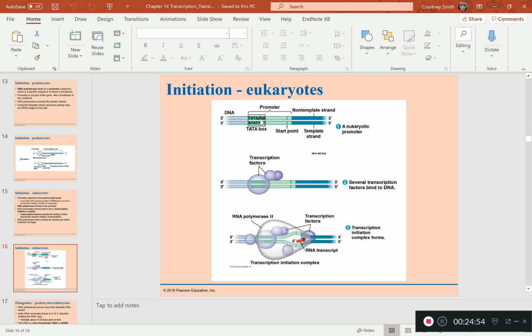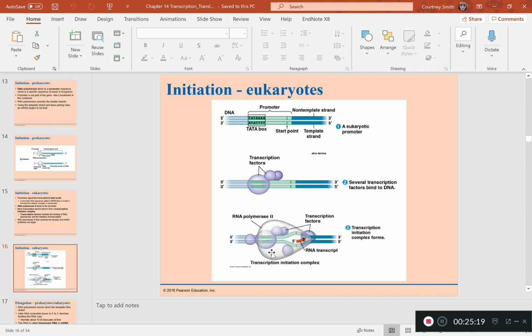RNA polymerase 2 will bind to that promoter region. Also, there are some transcription factors that will aid in binding. As we see right here, we have some transcription factors present on top of the promoter that will aid RNA polymerase to actually bind. It's more or less a guiding system for RNA polymerase.